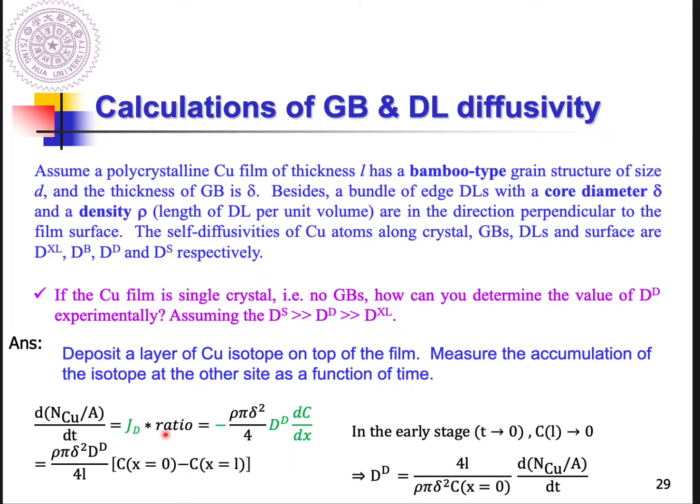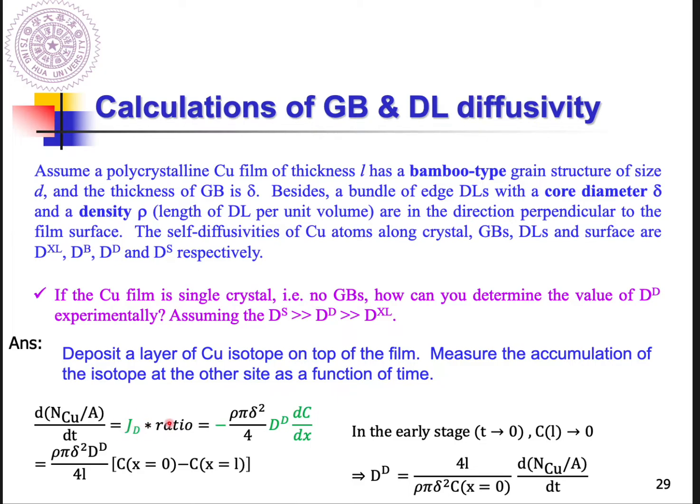This is the ratio of the dislocation in these materials, and this is the accumulation rate, the number of copper isotope atoms per unit time per unit area.